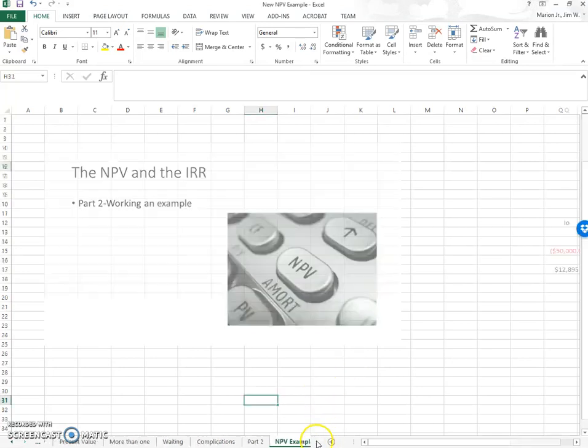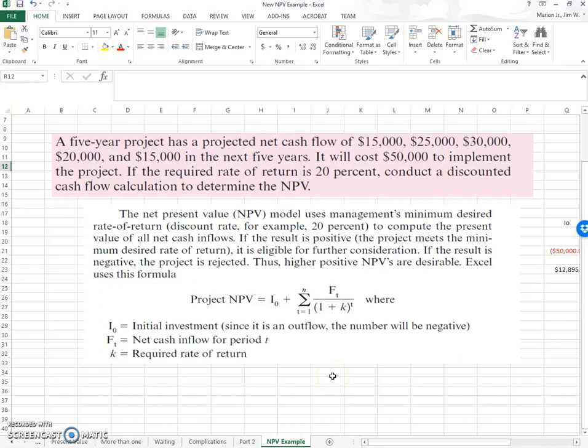So let's take a look at this from the example in the text. This is a 5-year project. It has a projected cash flow of $15,000, $25,000, $35,000, $20,000, and $15,000 for the next 5 years. But it cost $50,000 to implement the project.